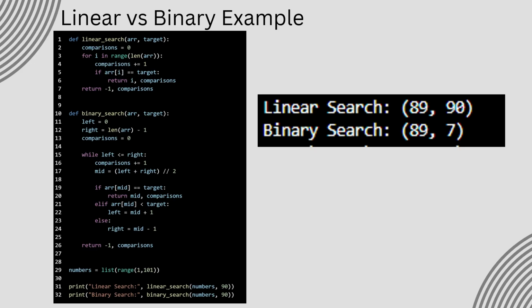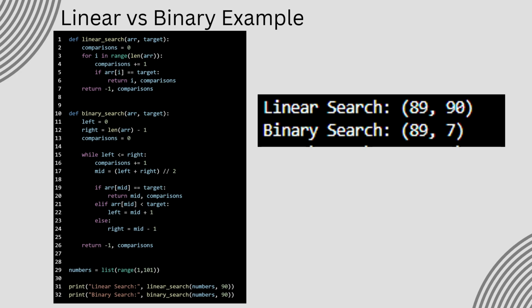For every element, it increases the comparison count and checks if the current value is equal to the target. If it finds the target, it returns the index and the number of comparisons. If it finishes the loop without finding anything, it returns negative 1 and the total comparisons.